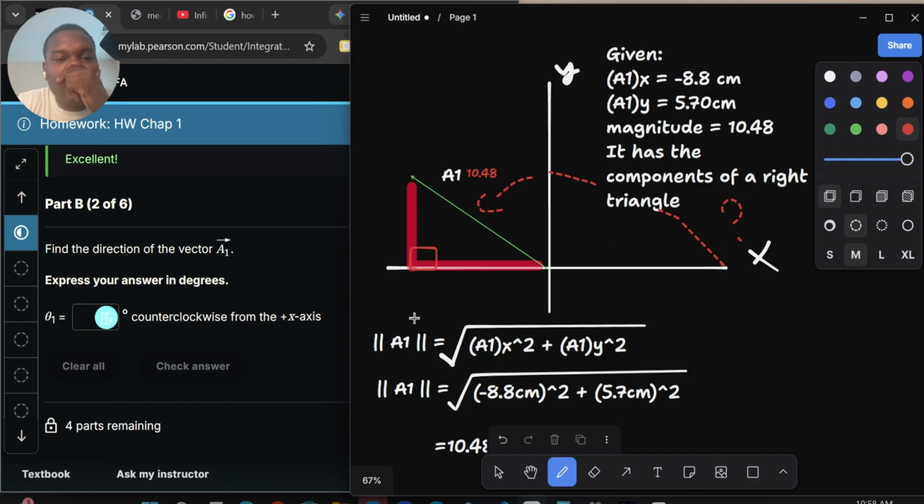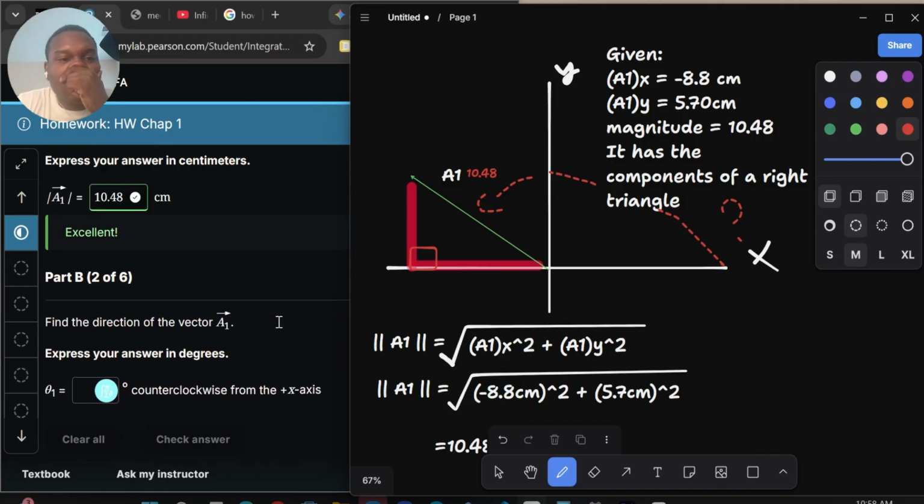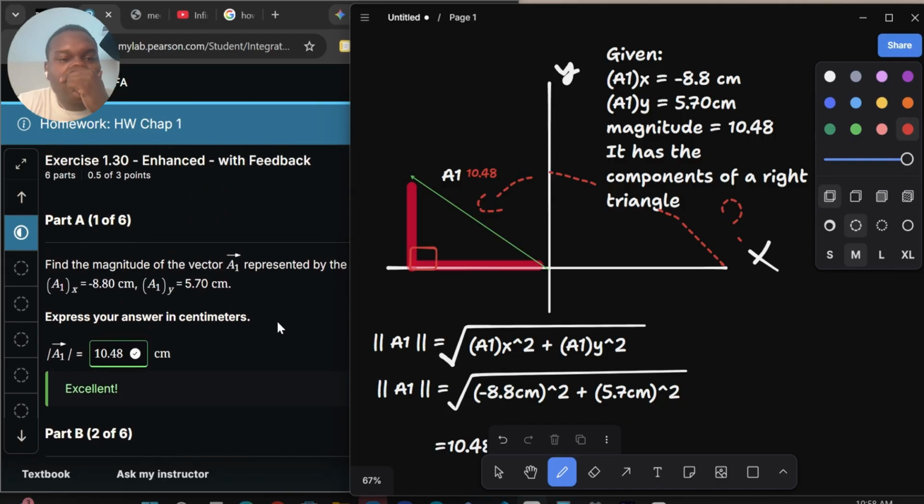Counterclockwise from the x-axis. Do we have anything else? Oh, we do have. I forgot, we have this as well.